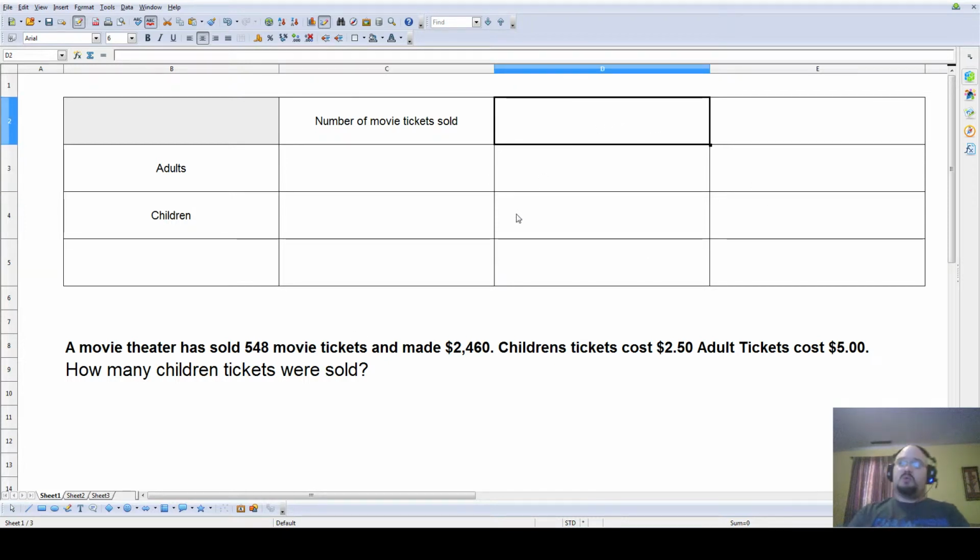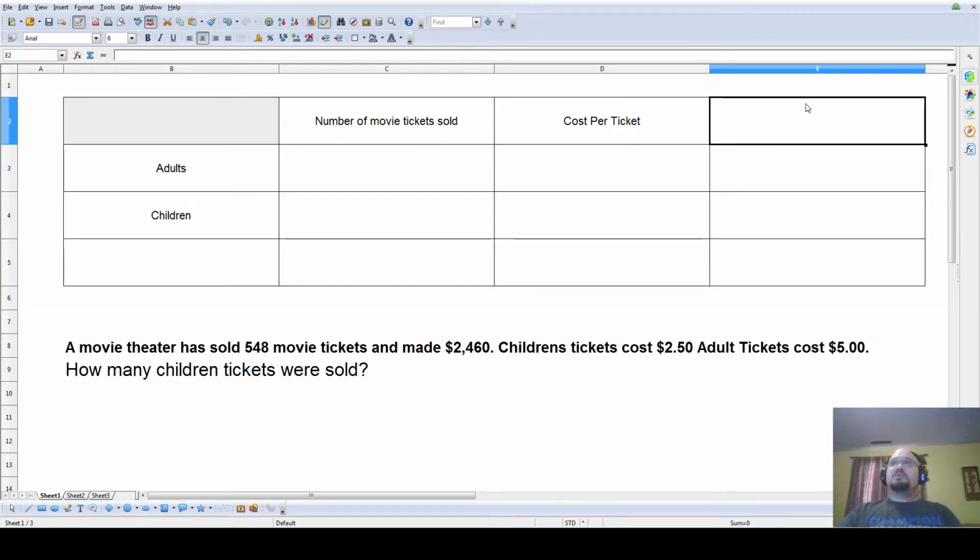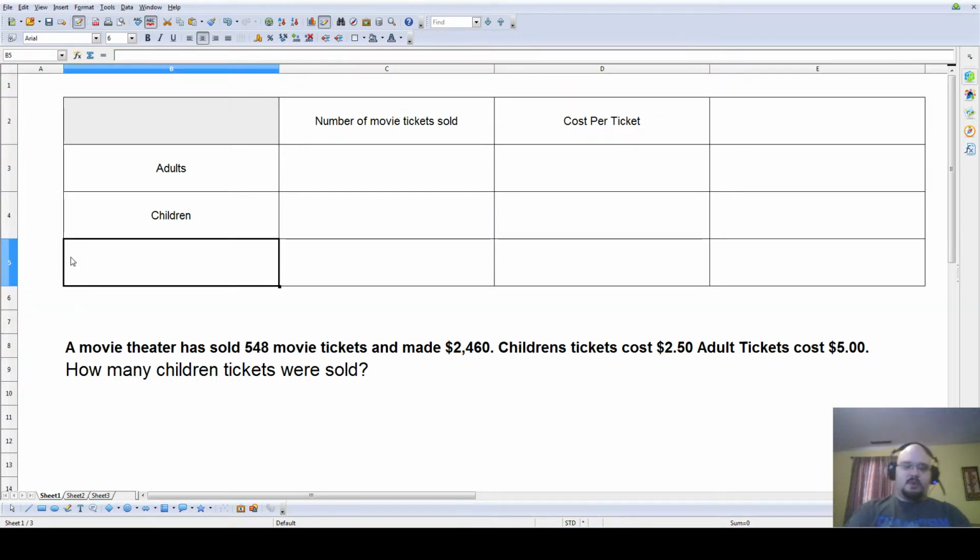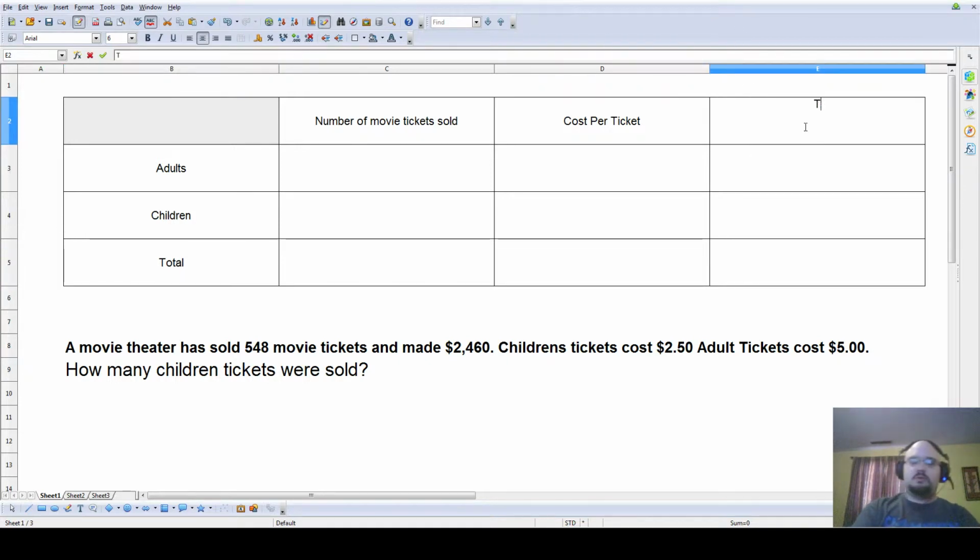And of course, what else do we know in our problem? We have the cost per ticket. So let's do cost per ticket. Great. I really like to reserve these two corners as totals. And total. Because it kind of just tells us what overall is happening.